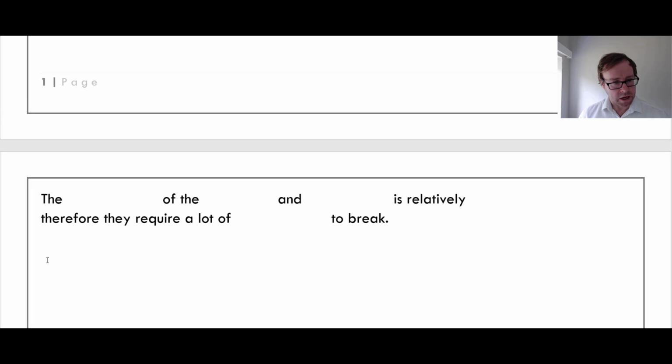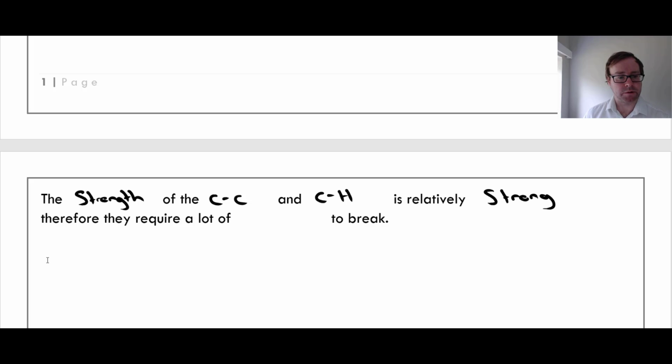Okay, so the strength of the carbon-carbon and carbon-hydrogen bonds is relatively strong. Therefore, they require a lot of energy to break.